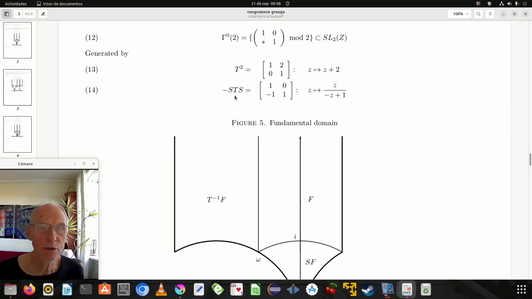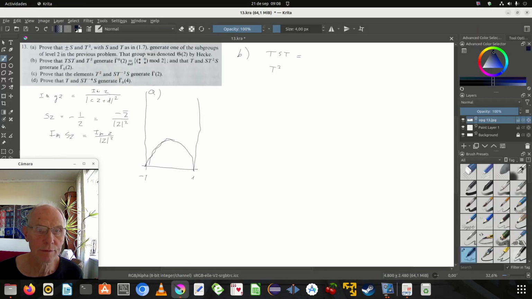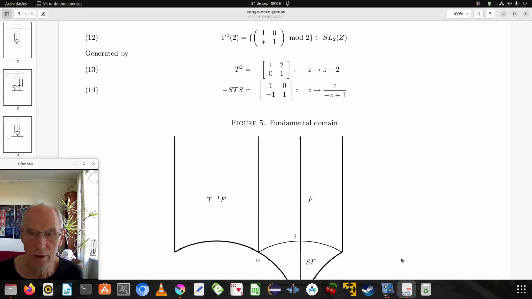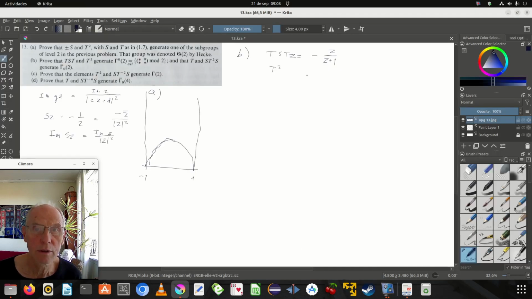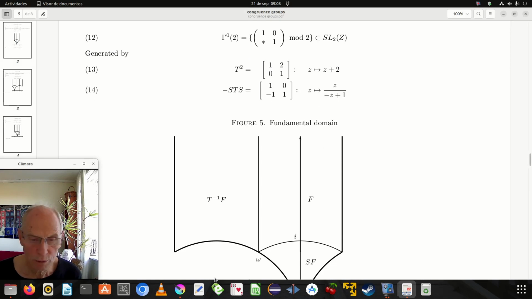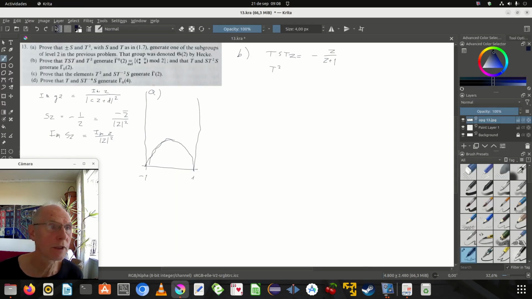For some reason I use the opposite here. That's of course the same map, and it maps Z to, what was it, minus Z divided by minus Z plus 1. Oh, that was where the minus was, so we'll just correct it.